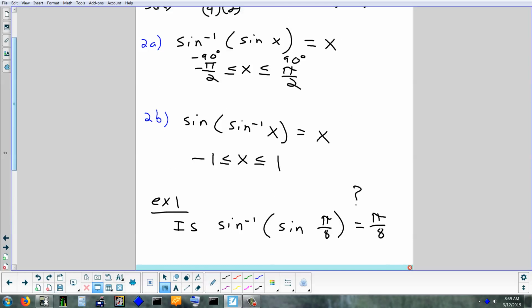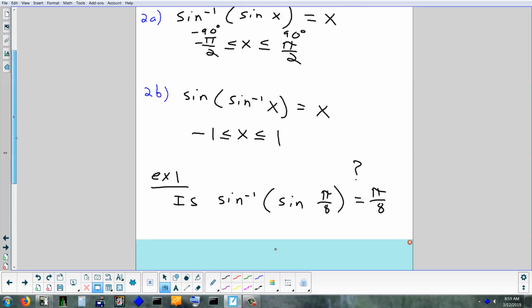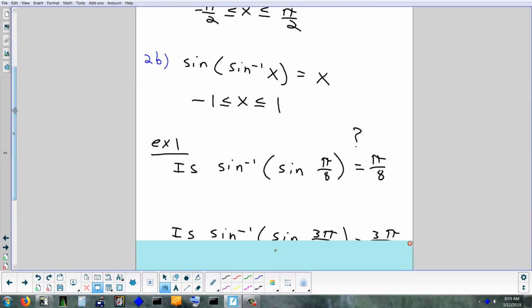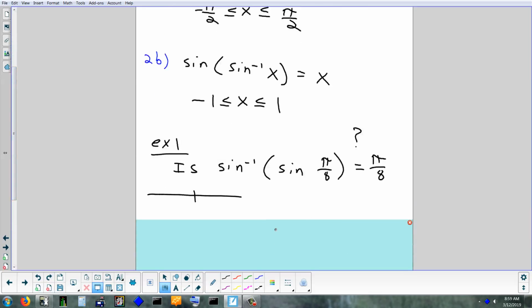Well, this is giving me pi over 8. So let's think about it in terms of between negative pi over 2 and pi over 2. Here's 0. Here's negative pi over 2, positive pi over 2. We're looking at pi over 8. Where would that fit in on that number line? Would it be like between 0 and pi over 2?